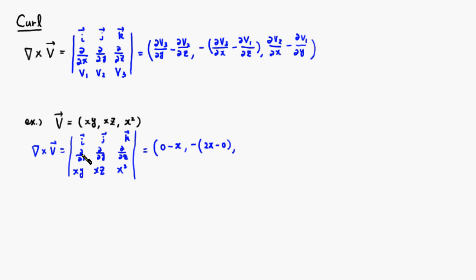The last one is partial of xz with respect to x is z, minus partial of xy with respect to y is x. So we got negative x, negative 2x, z minus x.